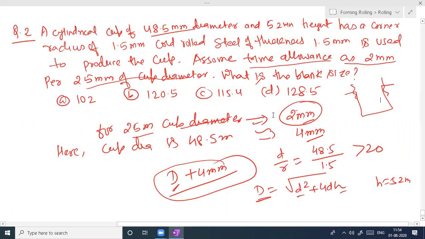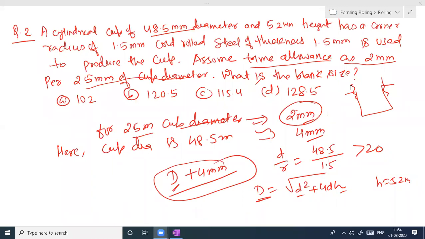So what is the answer? Ravi Chandran is saying 115.53. So C is again the answer. Everybody has to tell the answer because you calculate D again. The only difference here is that trim allowance is given. Allowance means we have to add.